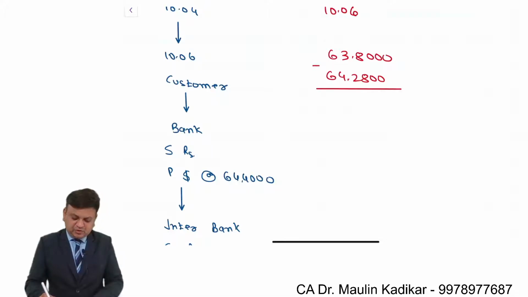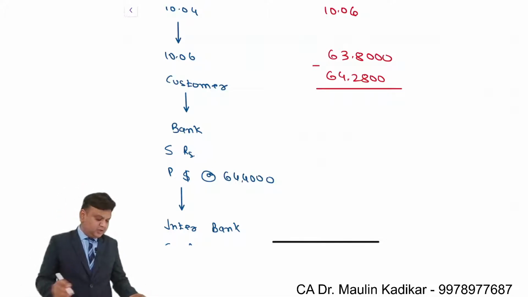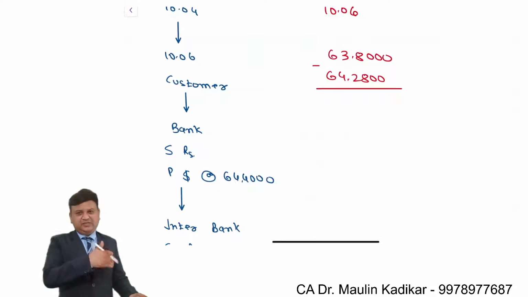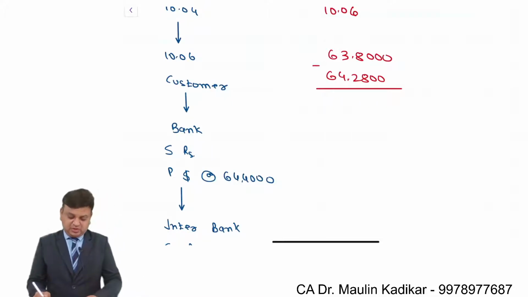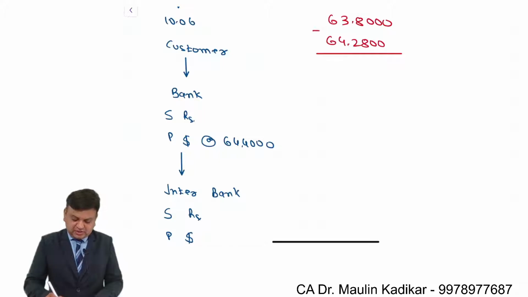So the difference between both of them is the profit or loss that I will have. 63.80 is the price at which I will convert the dollar into rupees, and 64.28 was the price at which I had purchased the dollar. So unfortunately there is a loss of 48 paise.